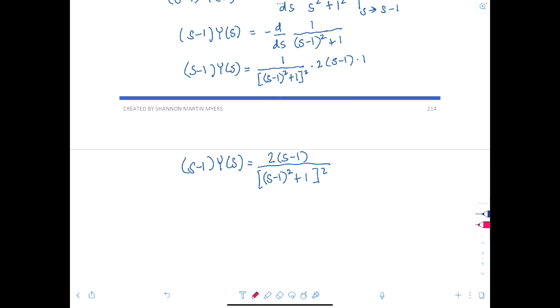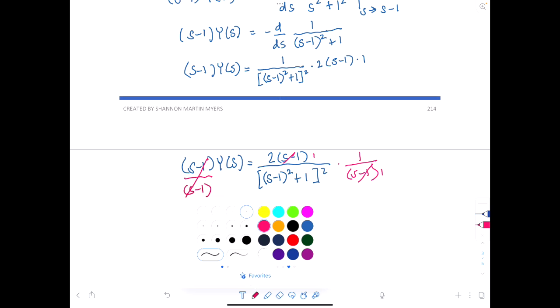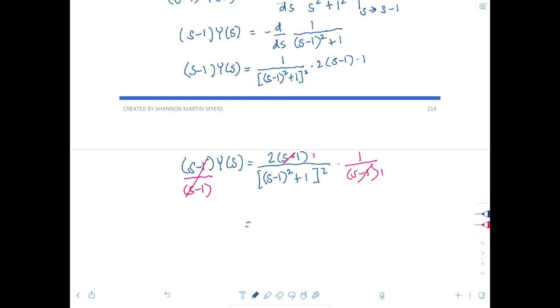Multiplying by 1 over s minus 1, we get to divide out that messy part from the numerator, and we're going to end up with 2 over s minus 1, the quantity squared, plus 1, all of that is squared.